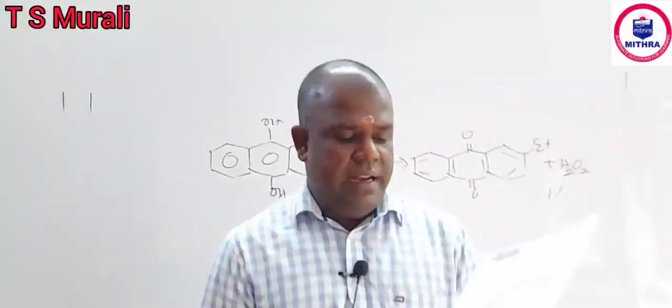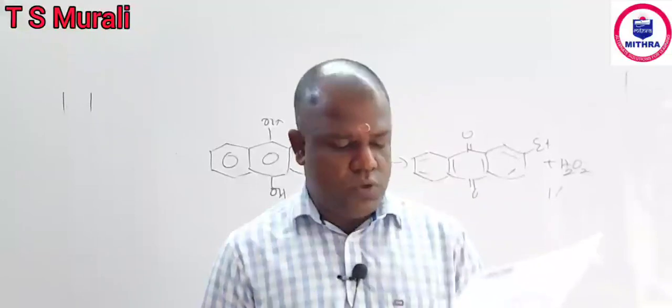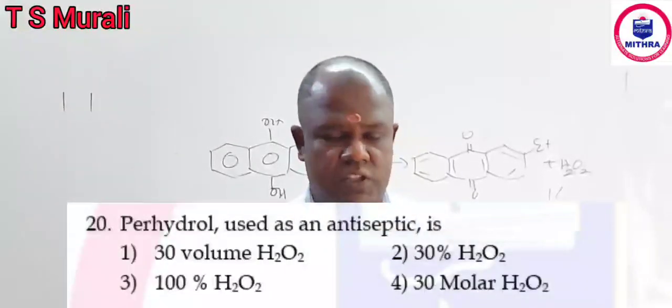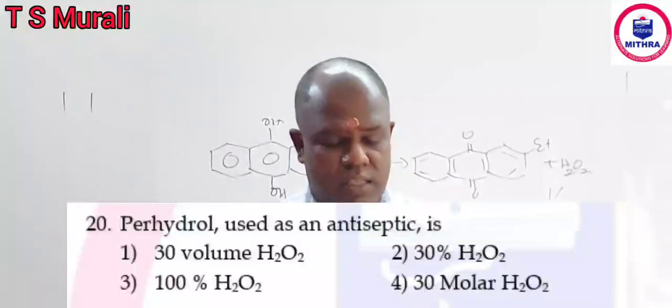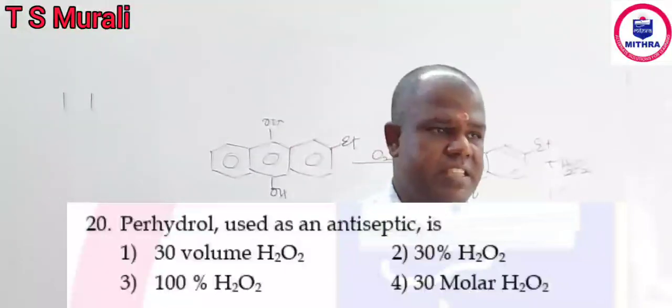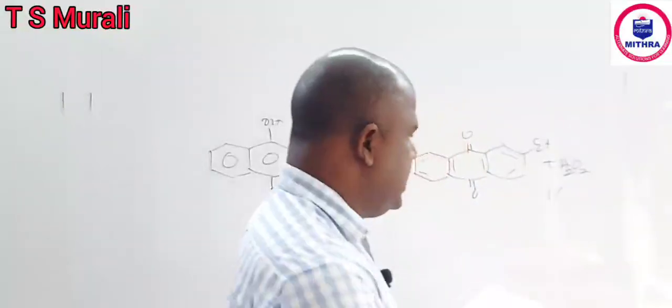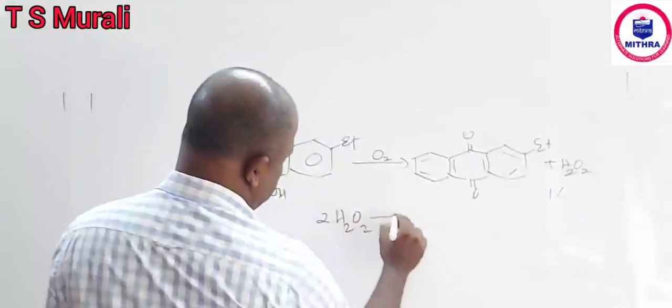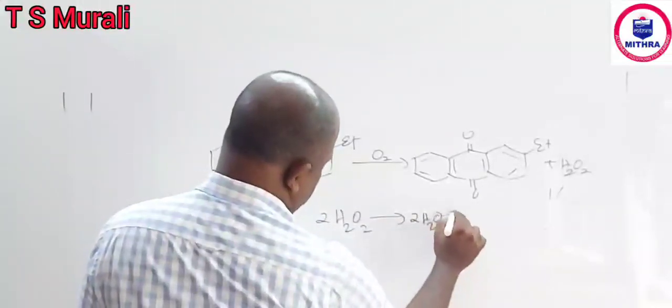So that is questions 18 and 19. Then question number 20 asks: perhydrol is a solution of hydrogen peroxide that is used as an antiseptic. Its concentration is 30 volume strength. I am explaining volume strength. H2O2 is an unstable compound and normally undergoes decomposition: H2O2 gives H2O plus O2.